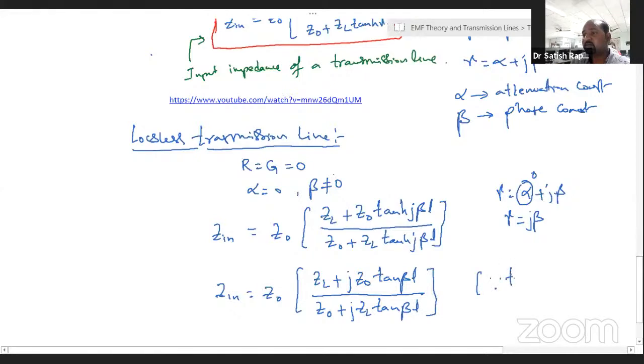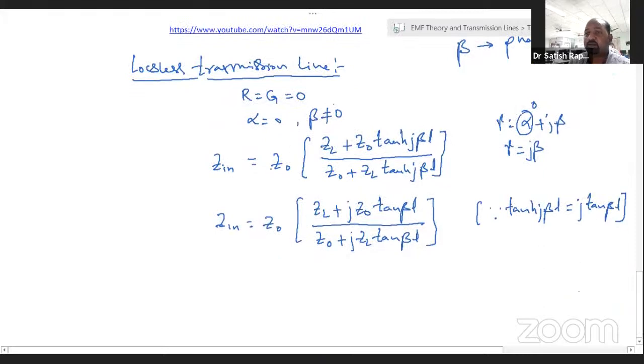Since tanh j beta L is equal to j tan beta L, the input impedance will become like this, and this is the expression for the input impedance of a lossless transmission line.